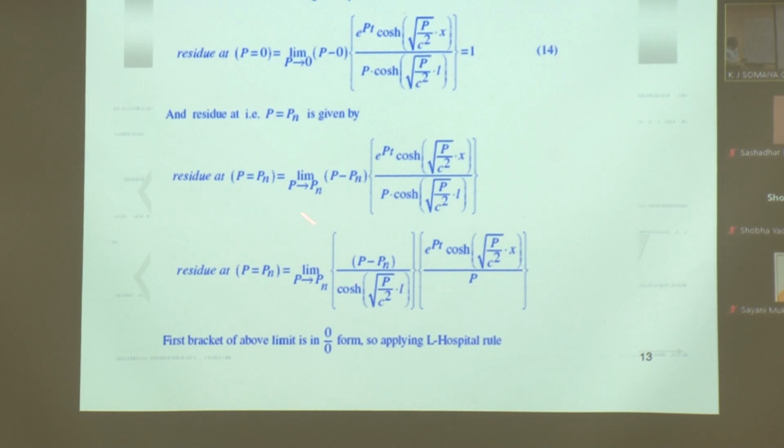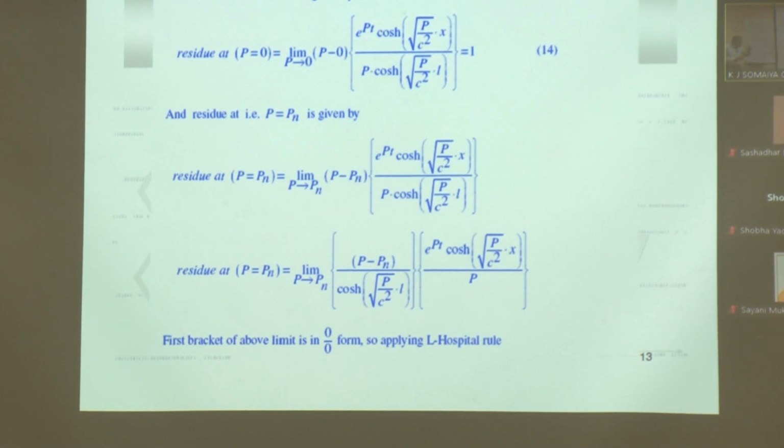Now to solve this particular limit, I will just rewrite these terms like this. I will collect the term p minus pn upon this cos hyperbolic term, and in another bracket I will write e to the power pt cos hyperbolic term upon p.